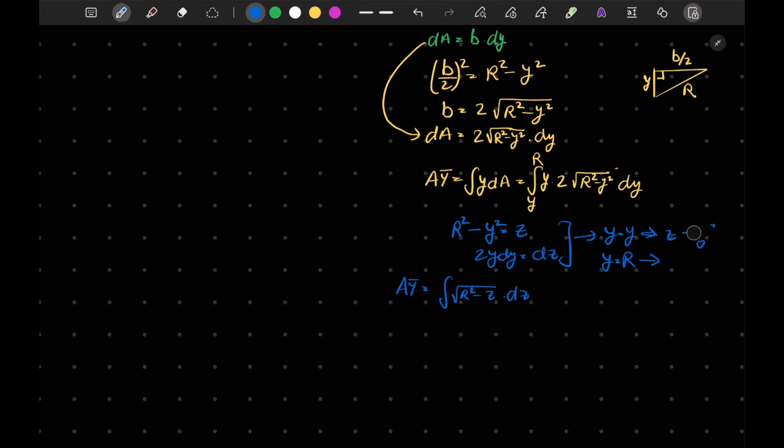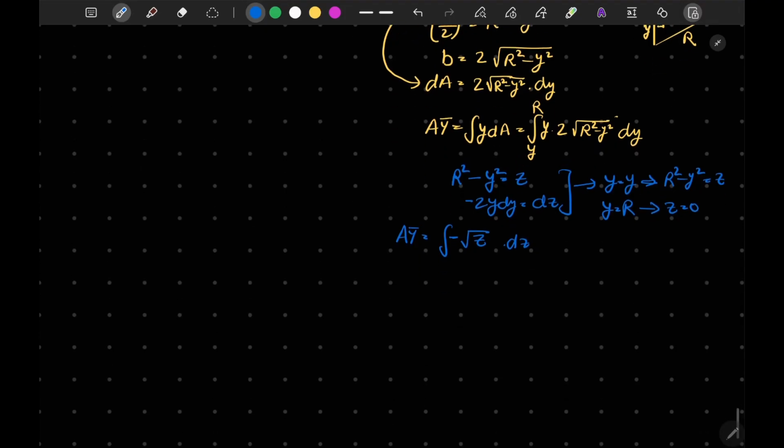So this will become root z times dz, and of course a negative term will be here. At y is equal to y, z will become R² minus y², but at y is equal to R, our z will become 0. So now our integration will be from R² minus y² to 0.